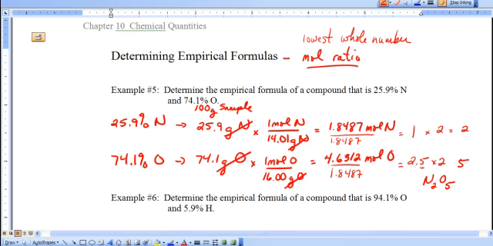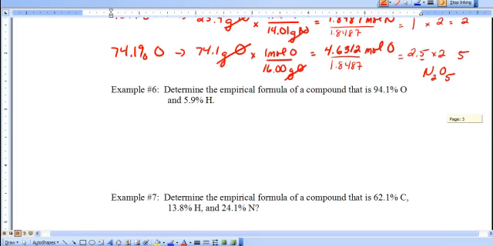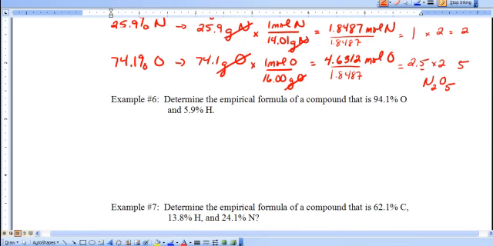Example number 6. Determine the empirical formula for a compound that is 94.1% oxygen and 5.9% hydrogen. To tackle this, we're going to take the same approach.